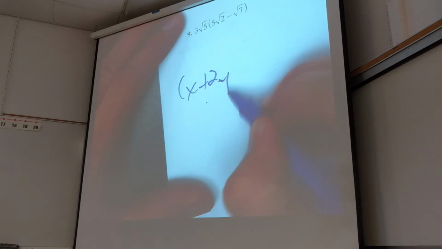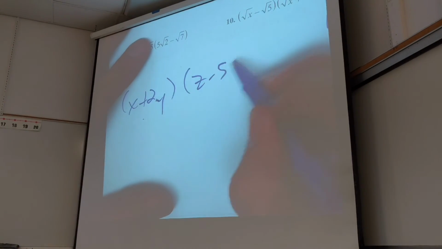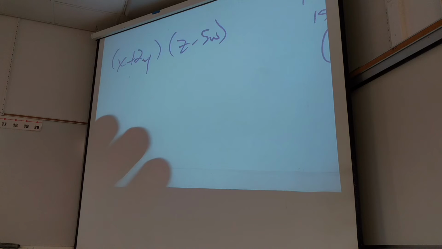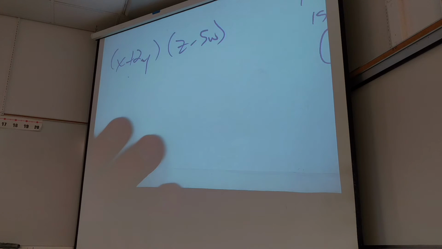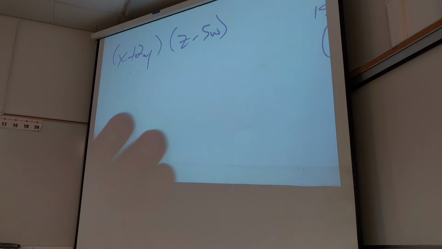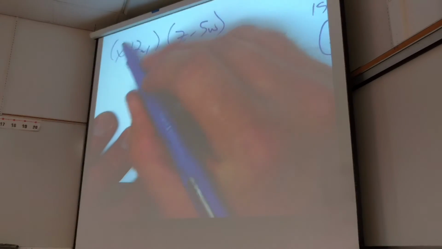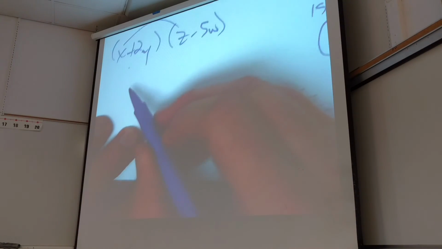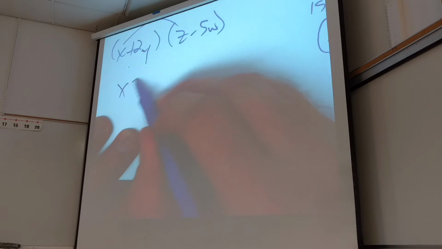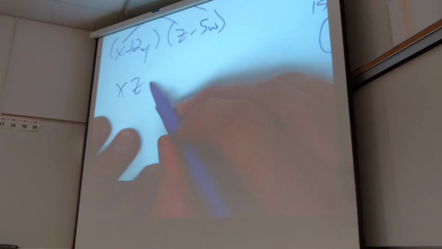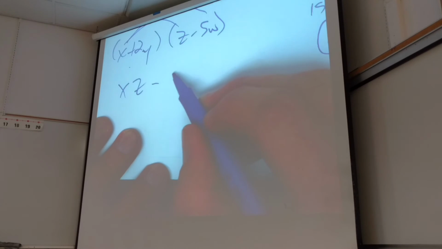Real quick, do this for me. What's x plus 2y times z minus 5w? We're all able to do this, not a big deal, right? xz, minus 5wx, right?